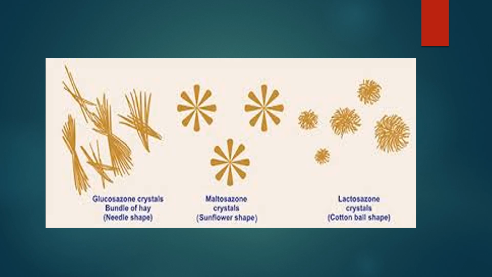The result of the test is based on the appearance of the crystals and the time of the appearance. So as you see, the different sugars have different crystal structures.